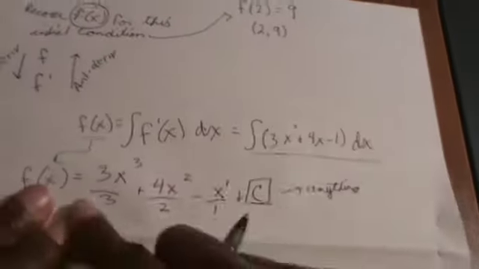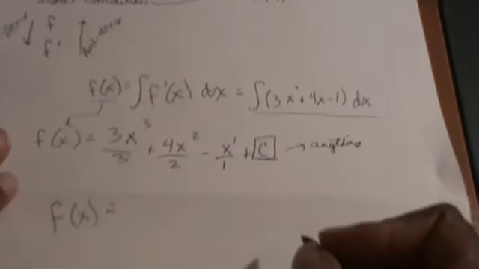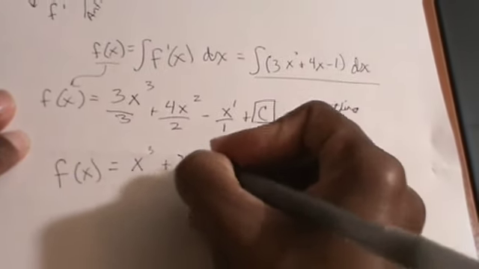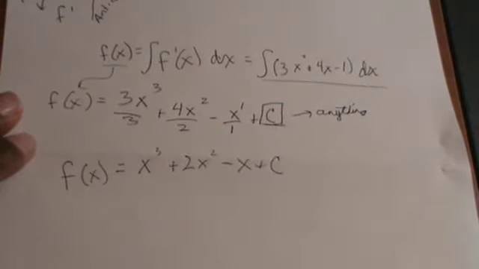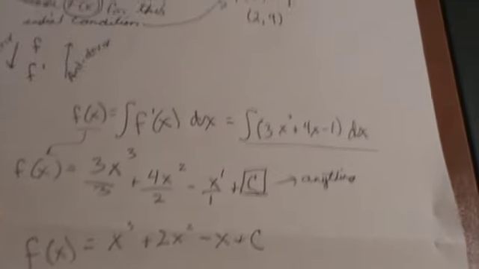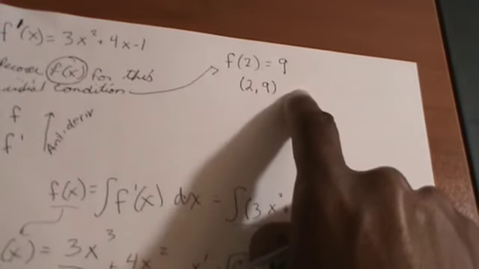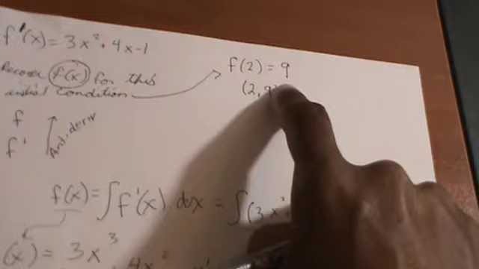All right. So let me simplify this before I move forward. So f of x equals x cubed plus 2x squared minus x plus C. Now I'm going to use this information that we have up here. Look closely. It says f of 2 equals 9. So this says when x equals 2, you've got a y value of 9.